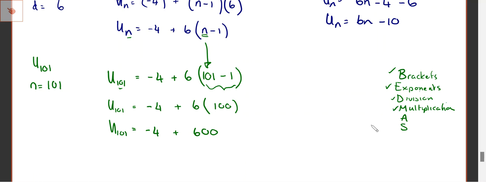The next stage is addition or subtraction. And is there any of that to be done? The addition, so we've got -4 plus 600, which is 596.